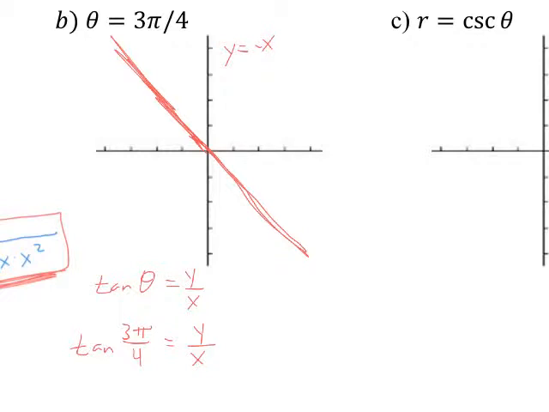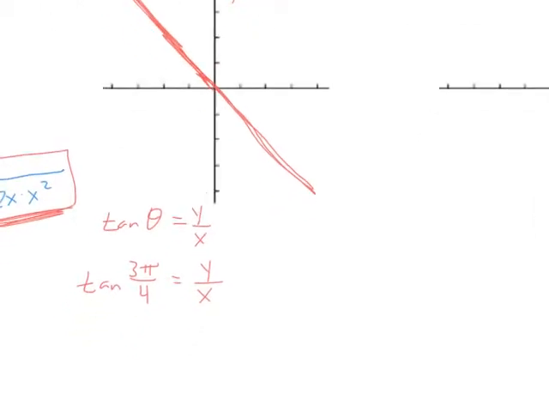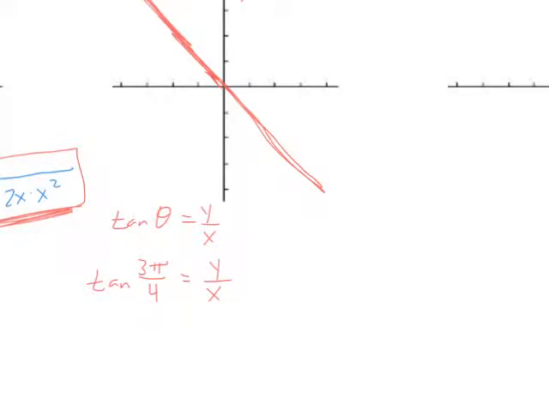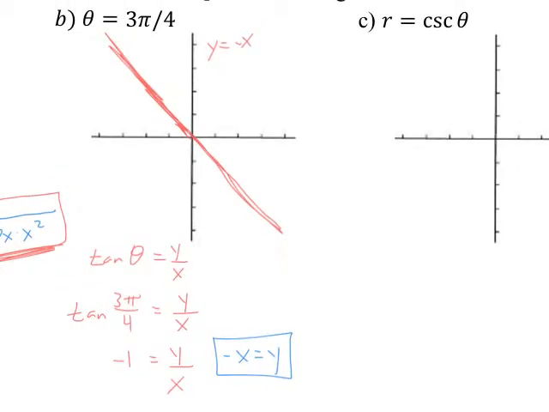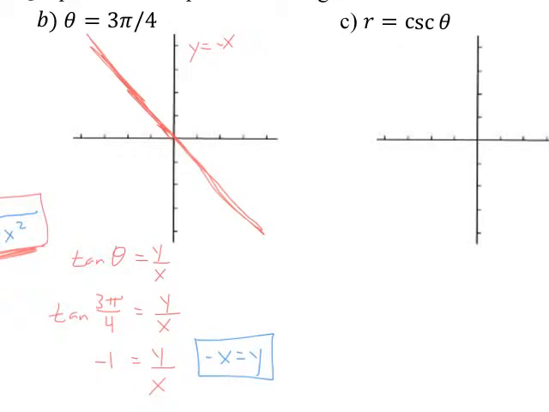And that means, since tangent of 3 pi fourths is negative 1, we have negative 1 equals y over x, or simply negative x is equal to y, which is what we predicted. So comparing those two equations to each other, the polar form is a pretty clean equation, and the rectangular form is pretty clean. I think you could really work with either one of those in this case.